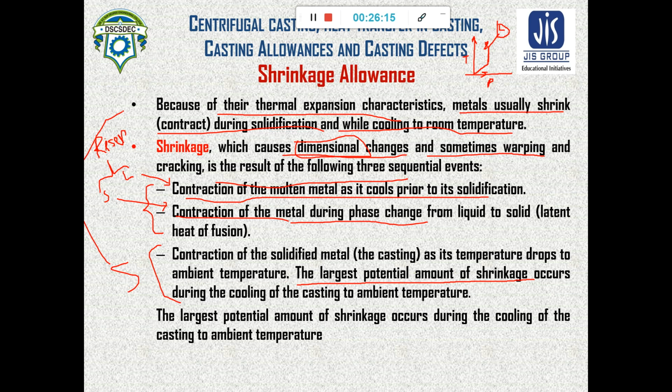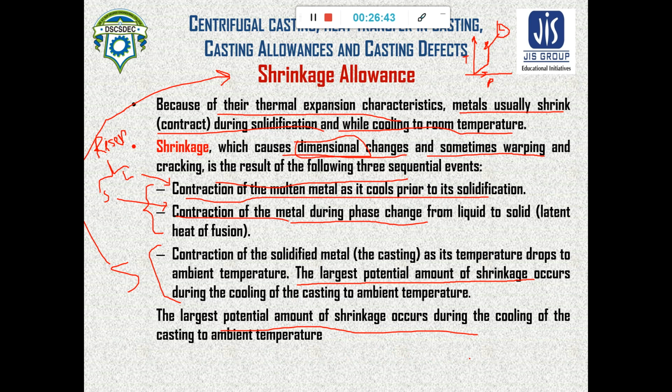So this is the importance of the shrinkage allowance, that it takes care of the largest potential amount of shrinkage that occurs during cooling of casting to the ambient temperature. So this is the solid shrinkage allowance. It is a positive allowance.